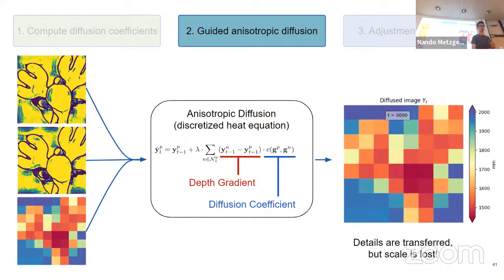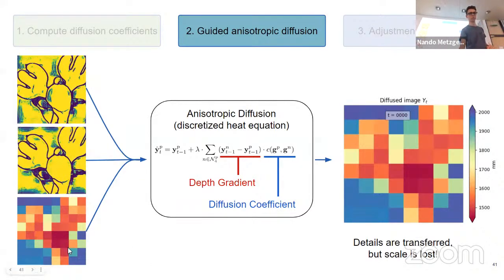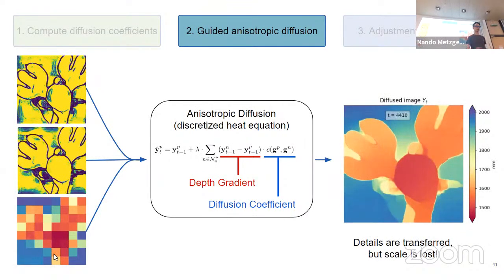If you go further, then it goes uniform. No, it will not go to a uniform distribution because we have the adjustment step. So in the worst case you will have the source, which is also a good guarantee that in case everything goes wrong, you still end up with the source.